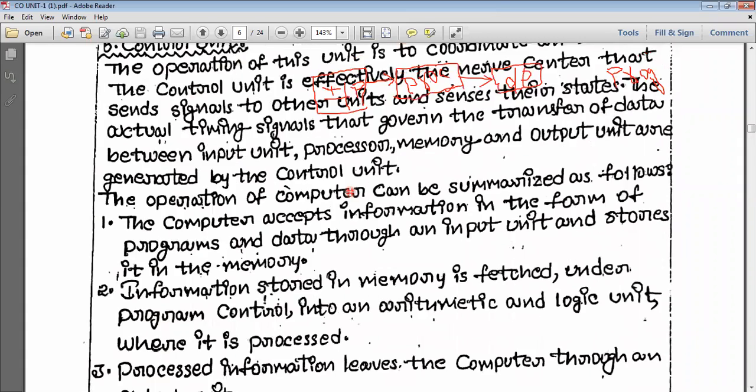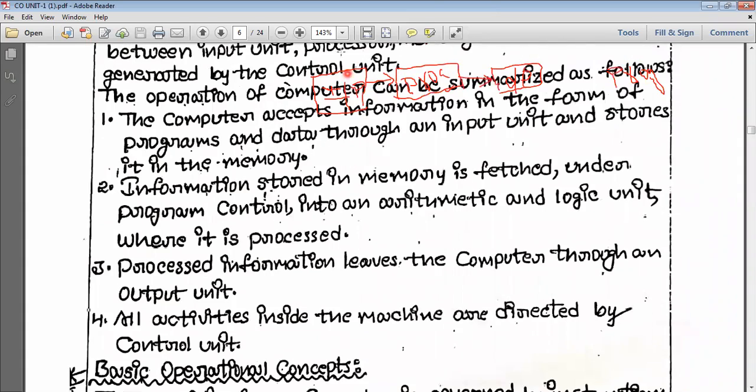If you see the brief concept of these functional units, by using these four points only, you know the operation of a computer. The first point is the computer accepts information in the form of programs and data through an input unit and stores it in the memory.